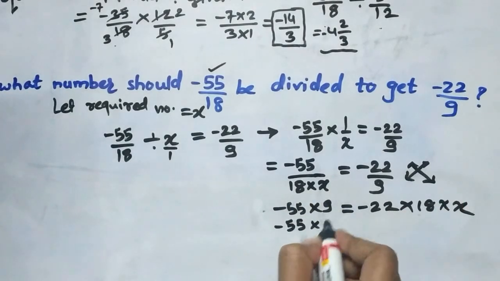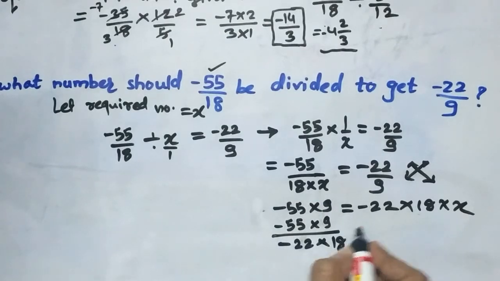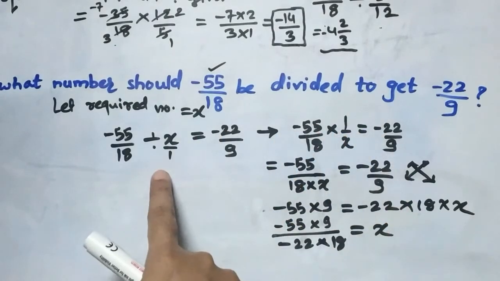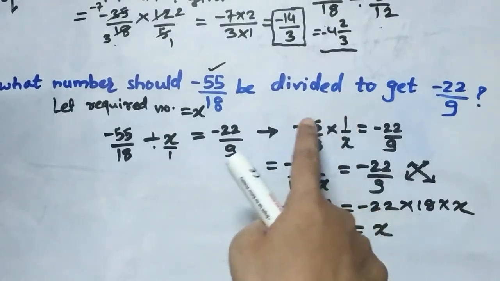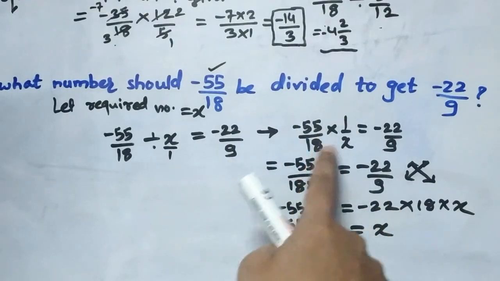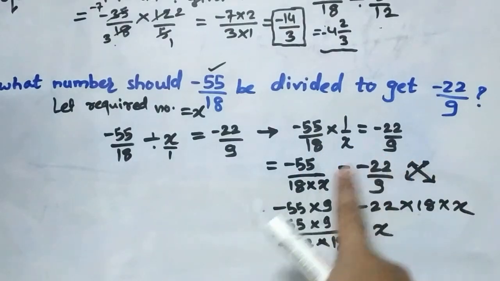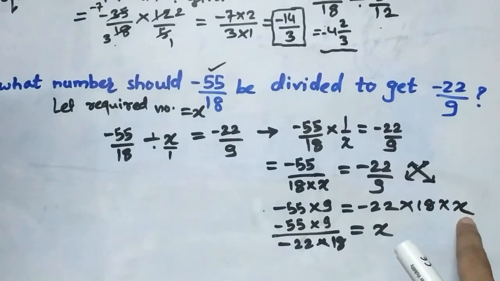Minus 55 into 9 divided by minus 22 into 18 is equal to x. In this way we'll get the value of x. What we have done, friends, is first taken the reciprocal. After the reciprocal, we took the product of numerators and denominators. 18 into x means 18 into x. Now I have performed the cross multiplication because I want the value of this unknown x.